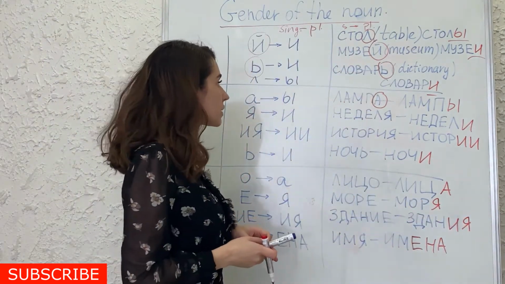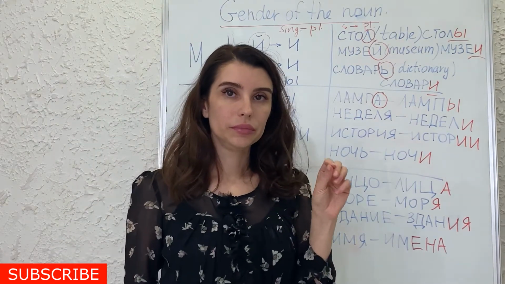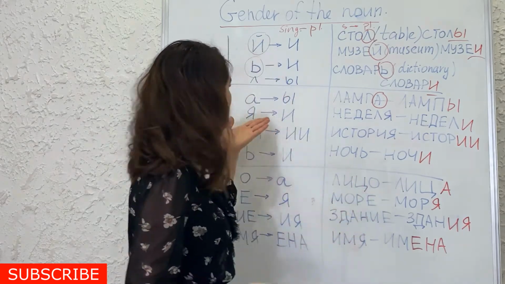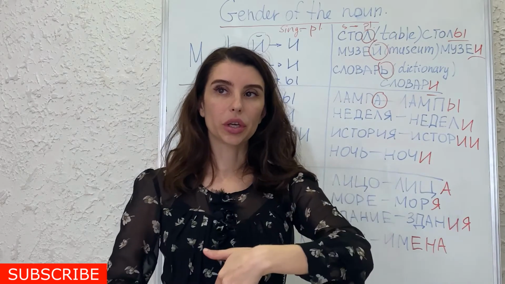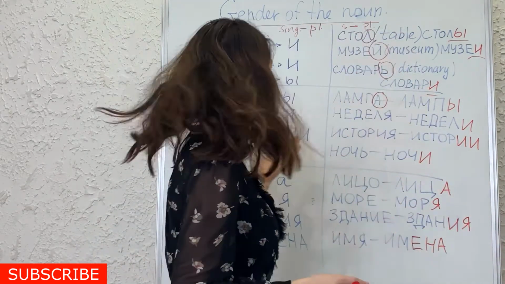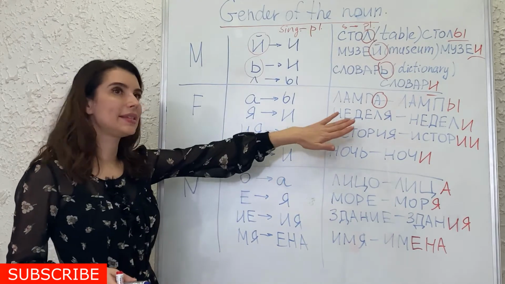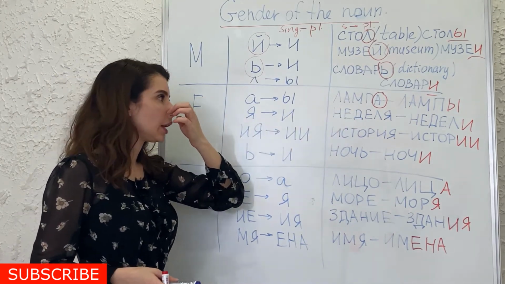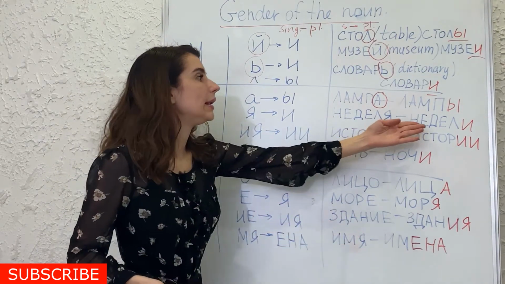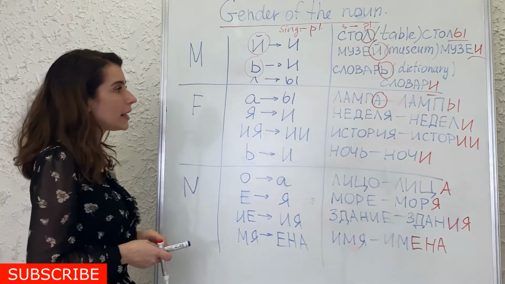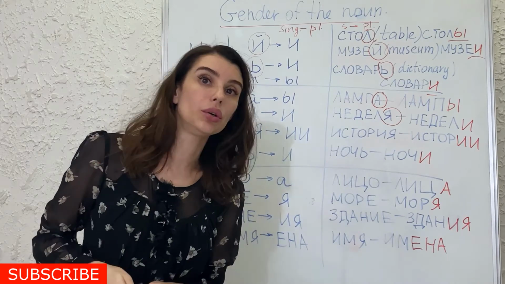Okay, next. If you see я at the end of this noun, then if we are talking about plural, you should see и at the end. So неделя, it's a week. Недели if it's plural.